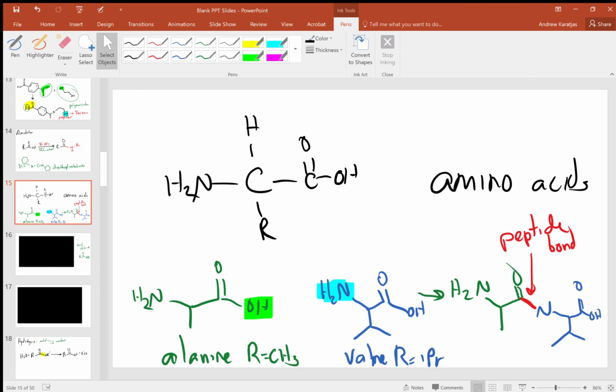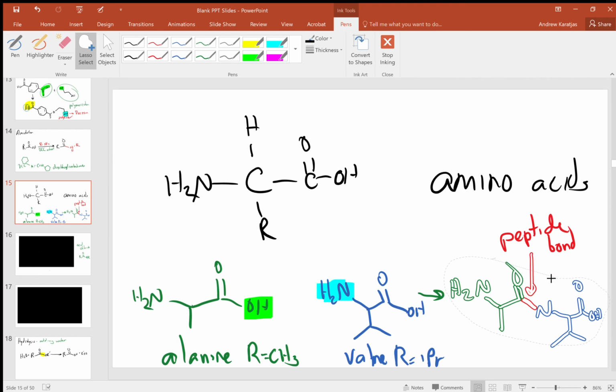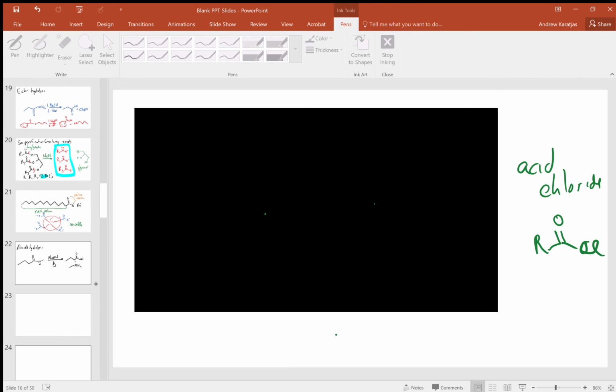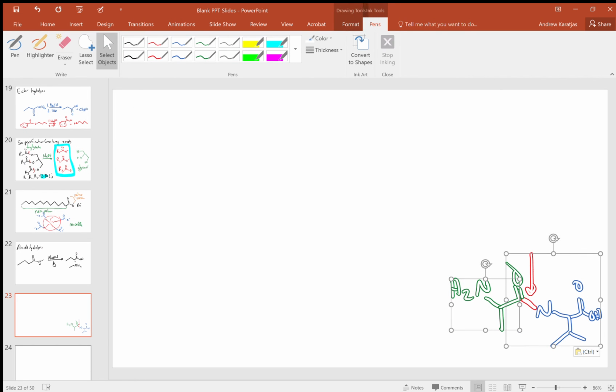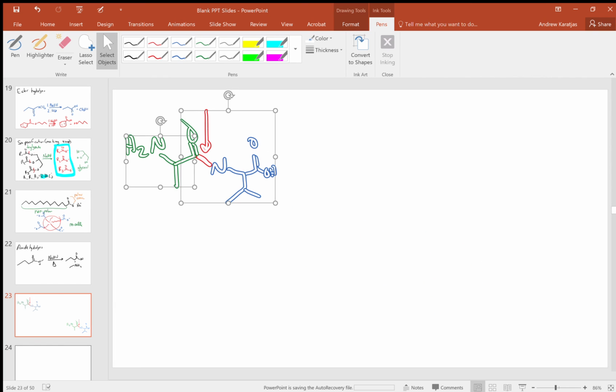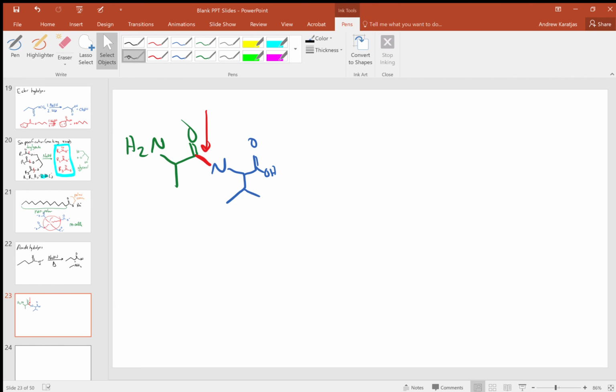So if we go back up here and grab our dipeptide that we made, dipeptide being a term that refers to having put two amino acids together. What happens if we add sodium hydroxide to it?